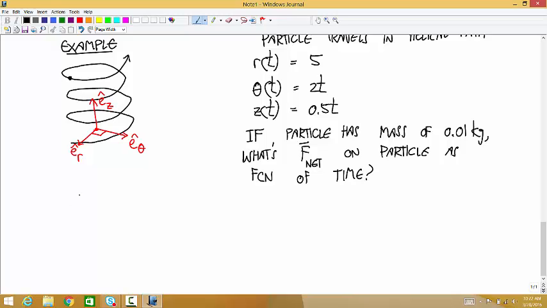Well, we need to use Newton's second law, so we need to figure out the acceleration based on this motion. The acceleration is equal to r double dot minus r theta dot squared. Then the theta component is 2 r dot theta dot plus r theta double dot. And the z component is z double dot.